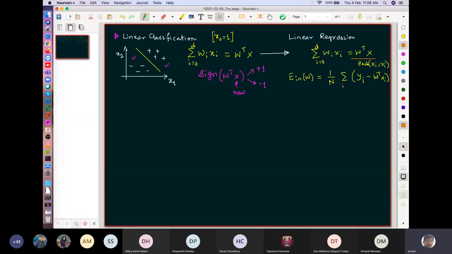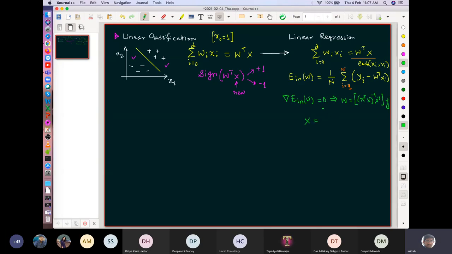That is our error, summed from i equal to 1 to the number of training examples. When we minimize this by setting the partial derivative to 0, we get a one-step process of finding the weights, which is x transpose x inverse into x transpose y.